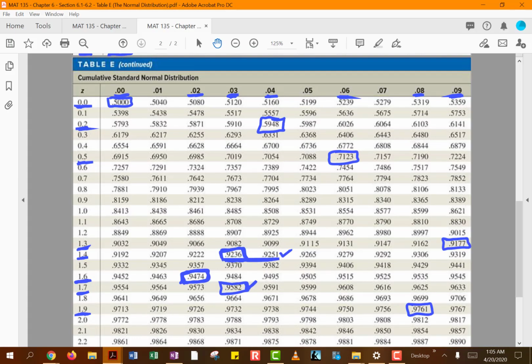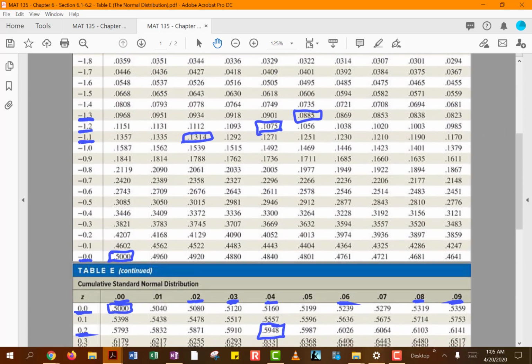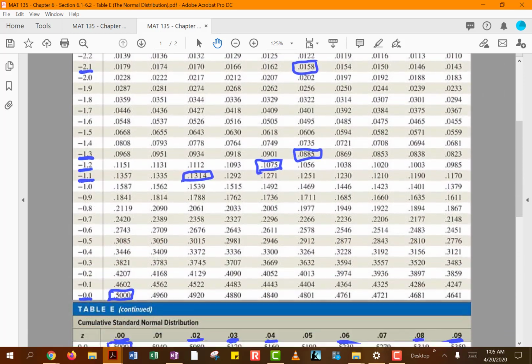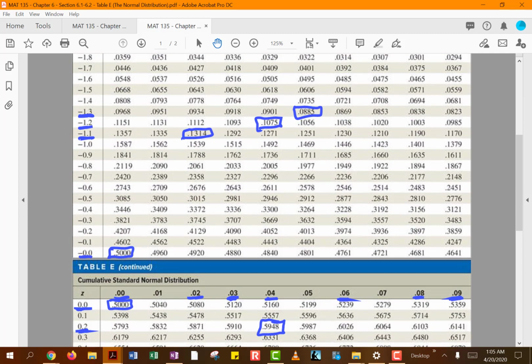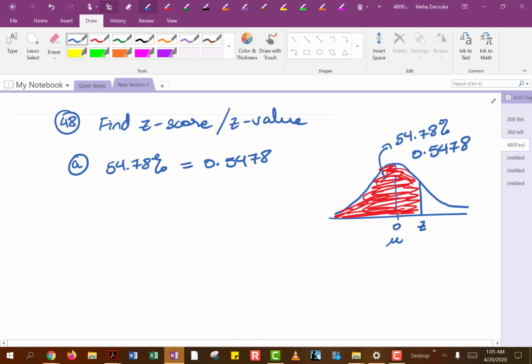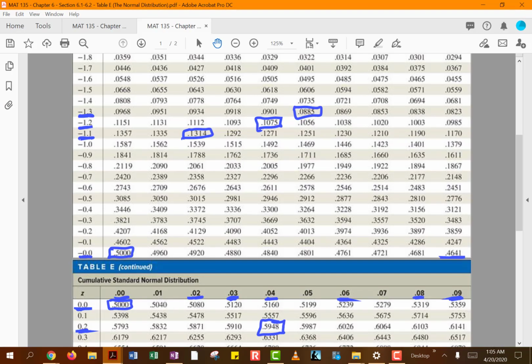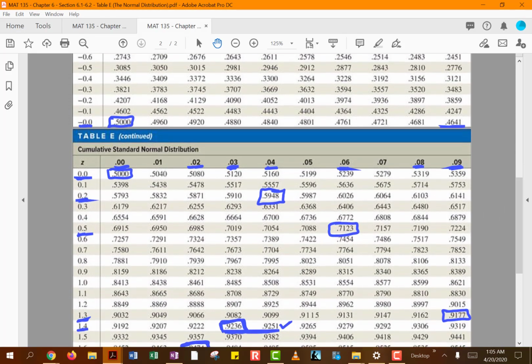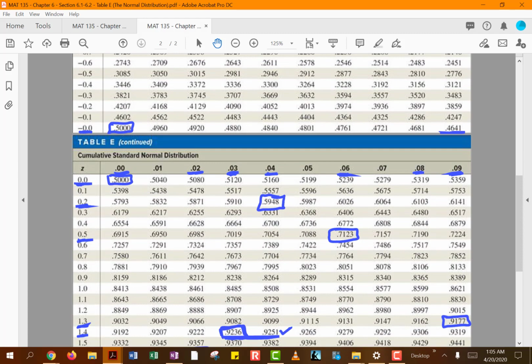0.5478. Okay, so if you look at this table over here, on the negative side, our area or probability values only go to 0.4641, and again we're looking for 0.5478, which means we have to go to the positive side and then start looking till you find either a value 0.5478 or something close enough to 0.5478.